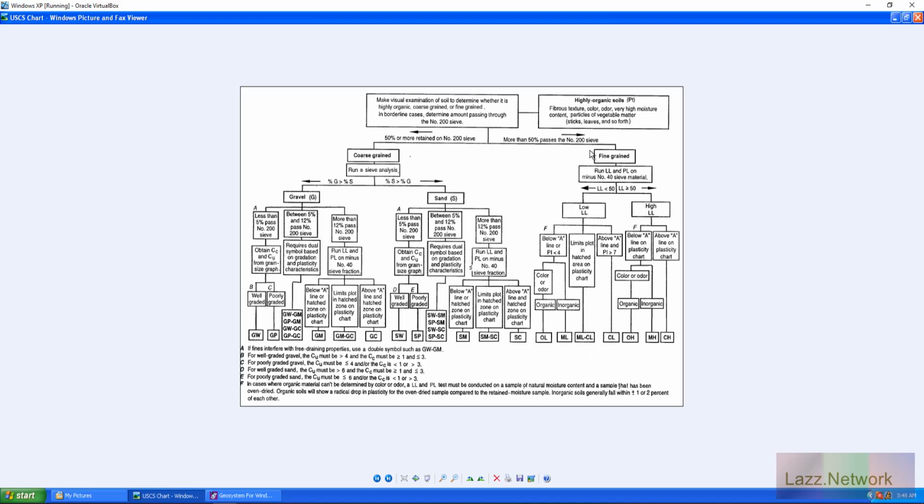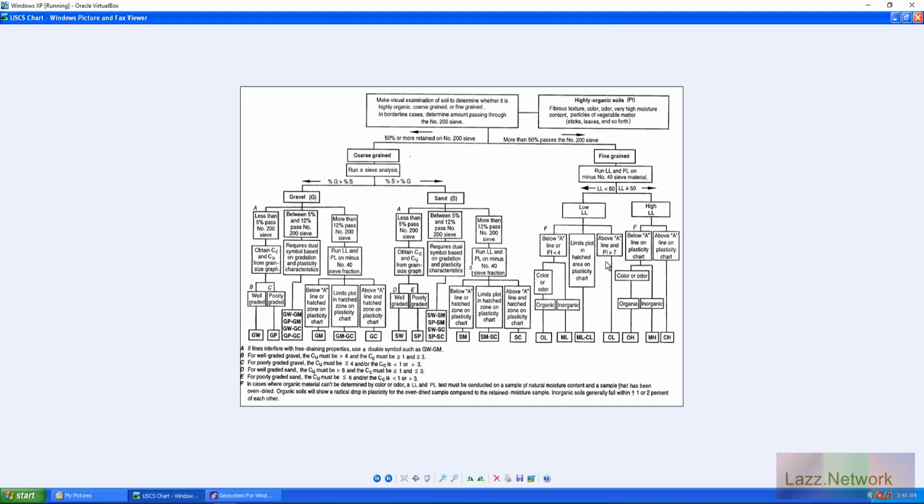If it's anything greater than 50% passing the 200, and you did an organic content, and let's say it's considered organic, so let's say we had like 55% for the organic content test, and we did the full suite of testing, but the limits plot in the hatch area, well, instead of saying ML or CL, you'll say OL or CL.